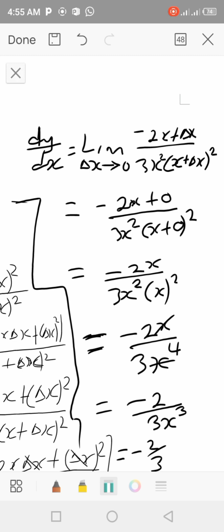So if you express the fraction as a negative power, you have x raised to power minus 3. So that will be the final answer. That will be our dy/dx. So our dy/dx is minus 2 over 3 x raised to power minus 3. That is it. Thank you.